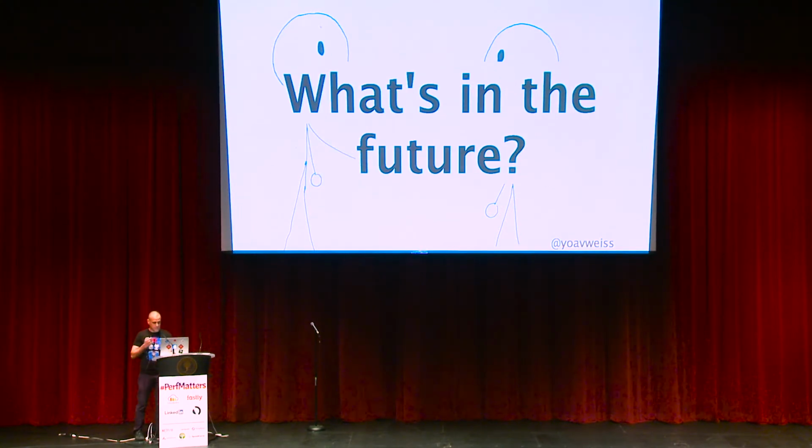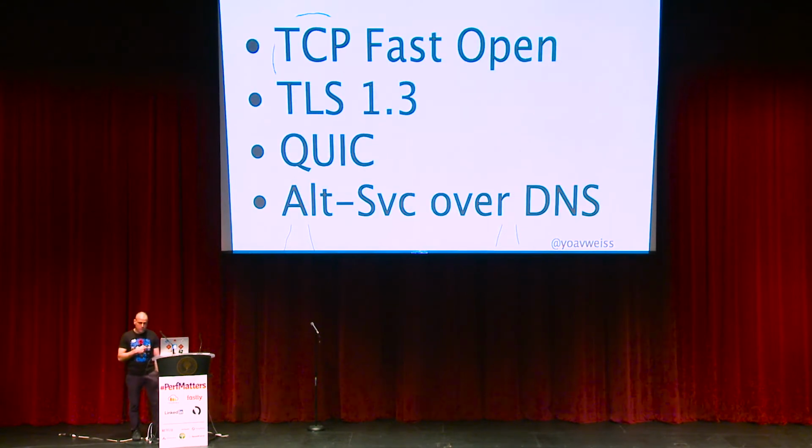And in the future, what we're planning to do to improve on that is, one approach is to switch networking protocols to ones that don't really need connection establishment. So TCP Fast Open with TLS 1.3 is one stack that will enable us to avoid connection establishment entirely, at least for everything that follows the initial connection: the client has to create a connection once and then is able to reuse it in the future.